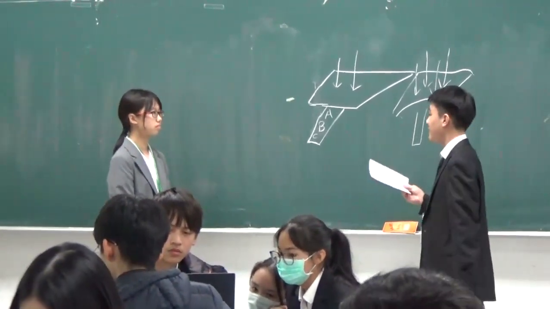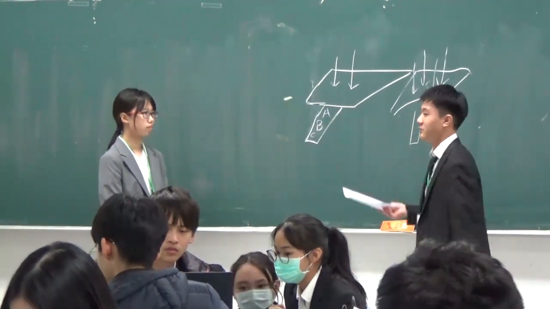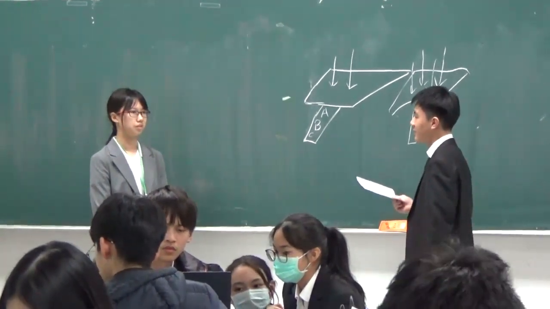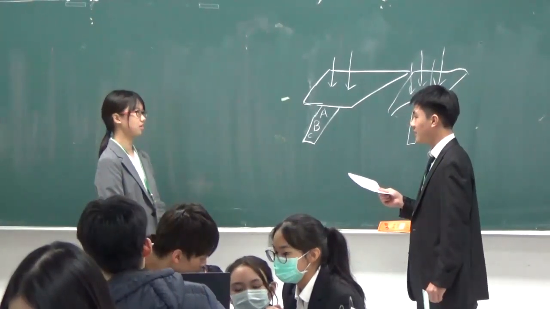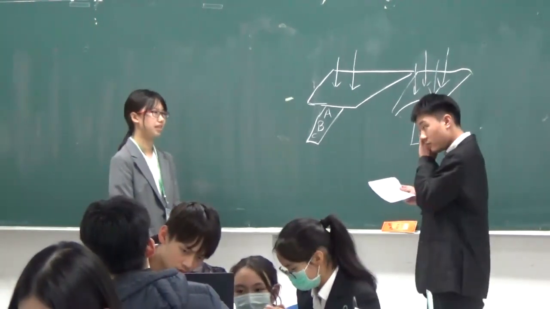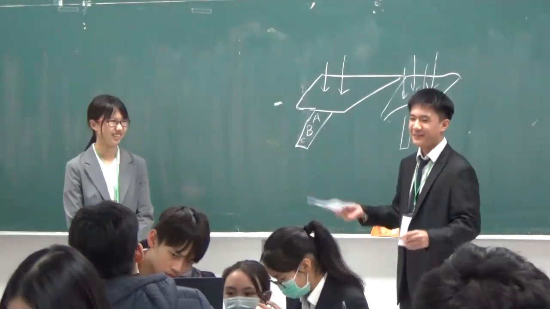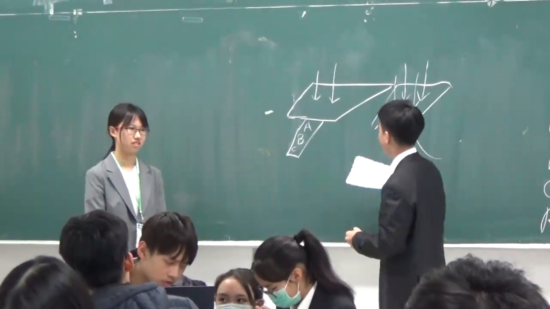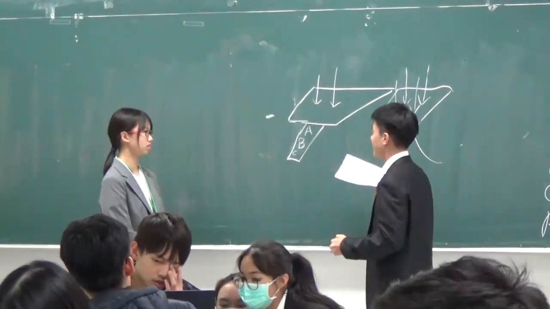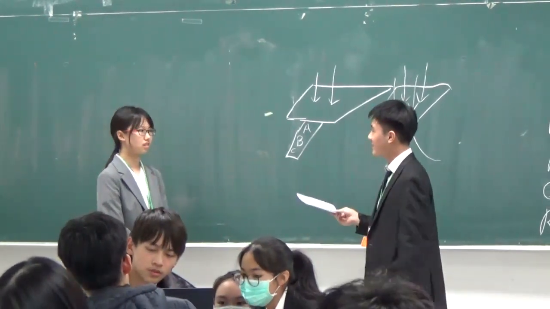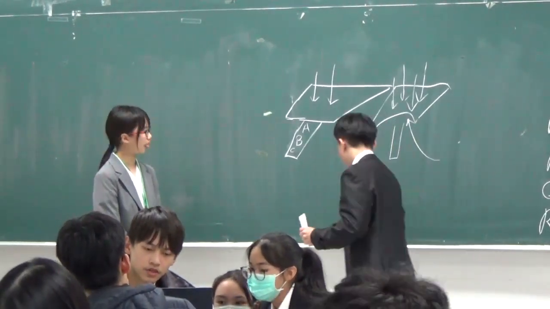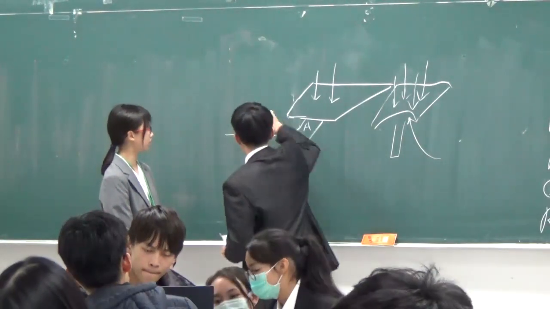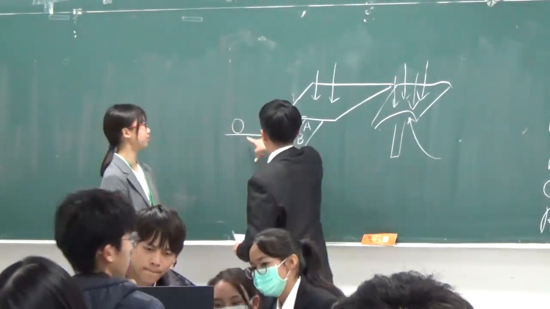Did you measure the contact time between the ball and the ruler? Yeah. So what it means is that the ball will fall on the ruler, right? Yeah. So, I know what you mean.